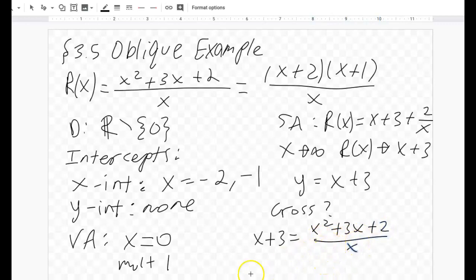To solve this rational equation, I can multiply both sides by x, and I'll end up with x squared plus 3x equaling x squared plus 3x plus 2. And there's no way we can solve for x. This x squared plus 3x is not the same as x squared plus 3x plus 2. So we can say it does not cross.